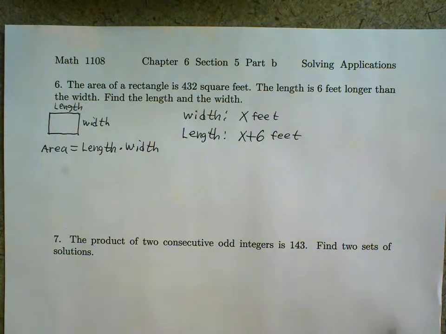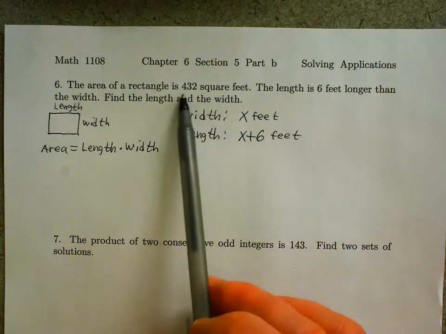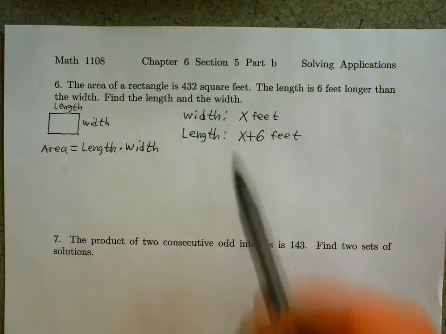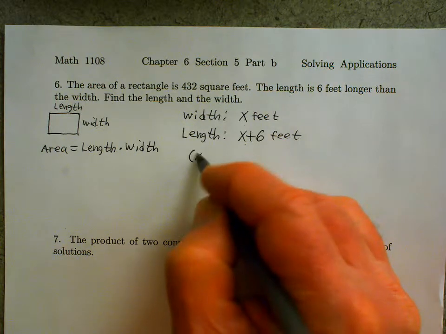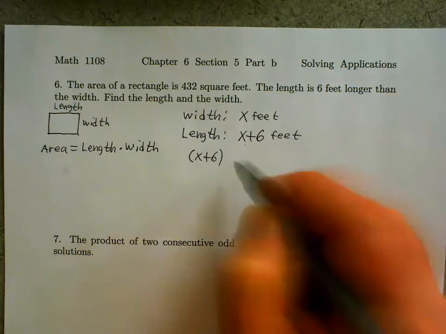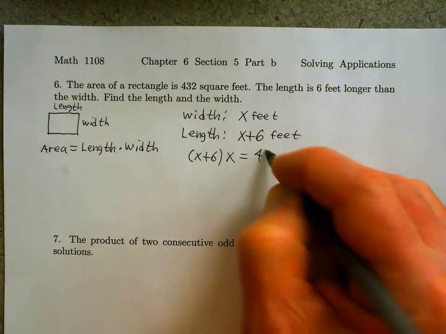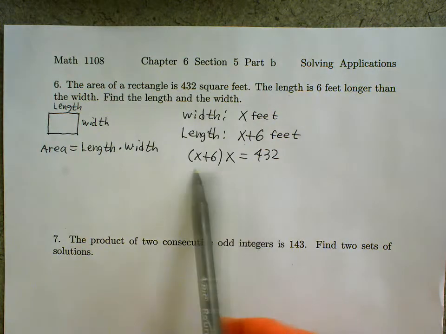And now we can write down an equation with our variable assignments and the other information that's given in the problem. If we multiply the length times the width, so x plus 6, multiply that quantity by x, we're given that the area is 432 square feet. Okay, so here is our equation.